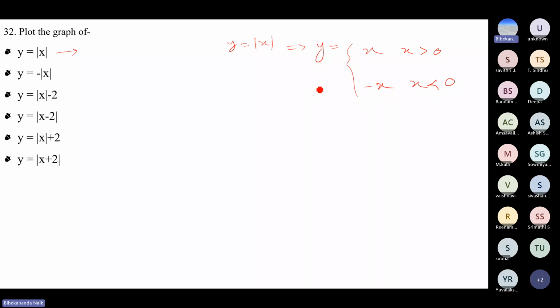So for both positive and negative values of x, y will be positive. So y equal to x is like this, but since we are plotting y equal to mod x, both sides should be the same. So this graph gives us y equal to mod of x.